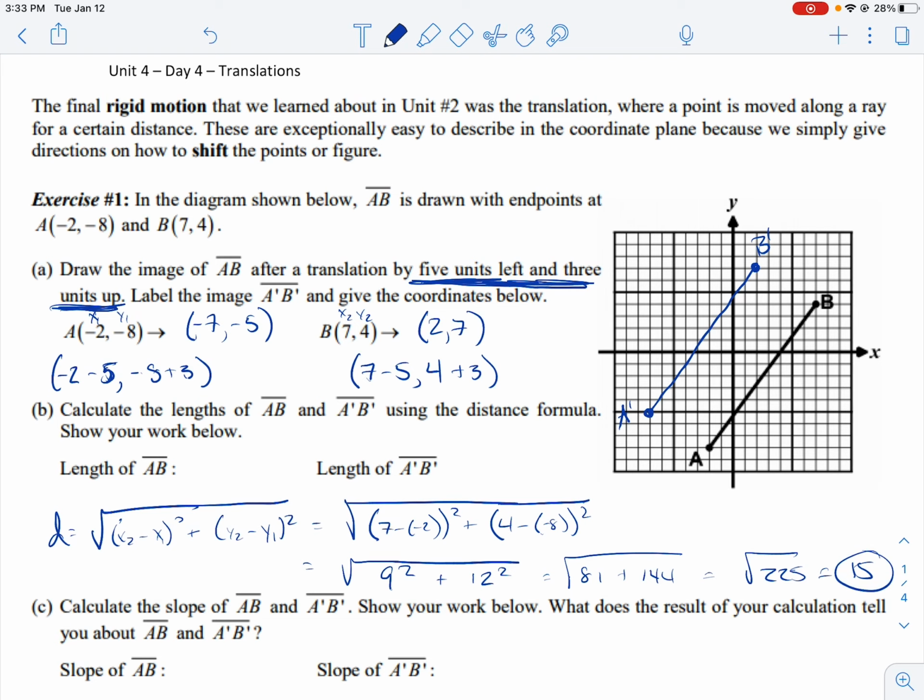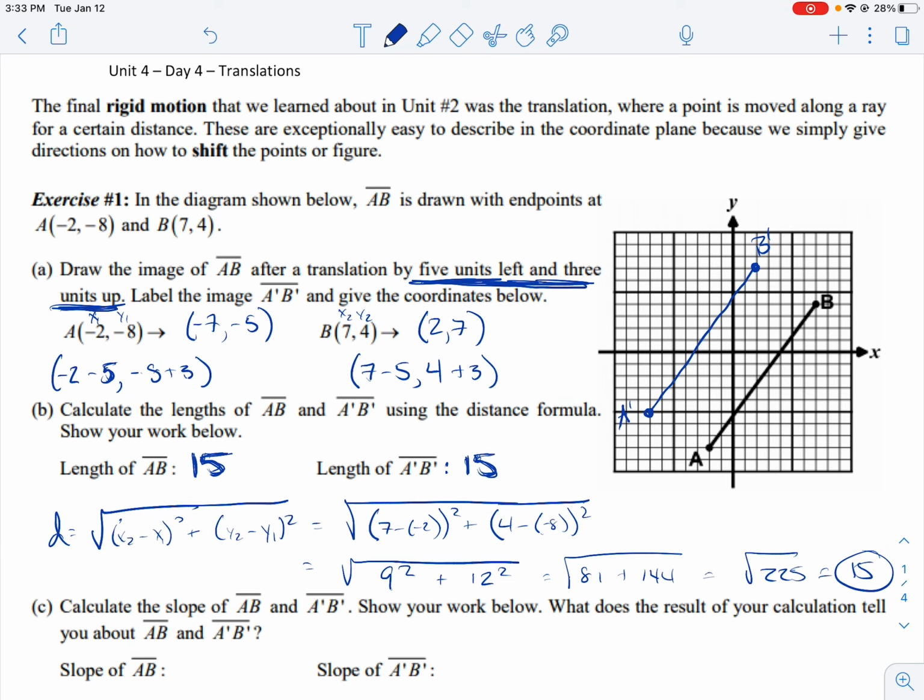So the length of AB is 15. Now, because this is a rigid motion, and because I don't want to waste a whole lot of time on the video here, if the length of AB is 15, then the length of A prime, B prime must also be 15.